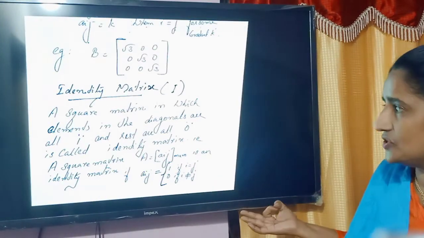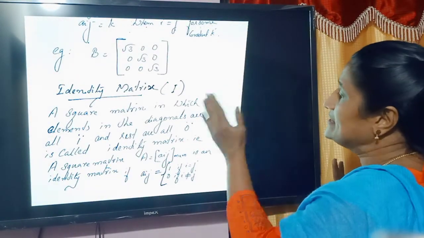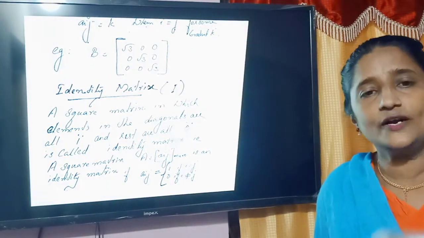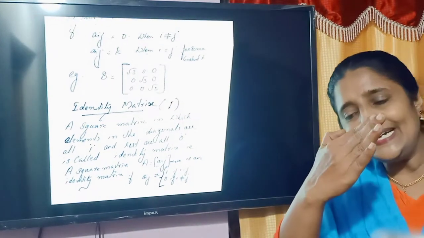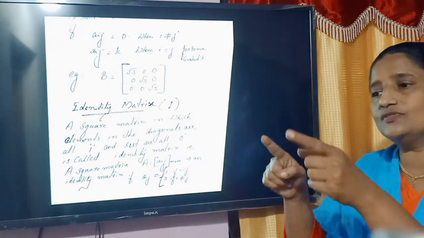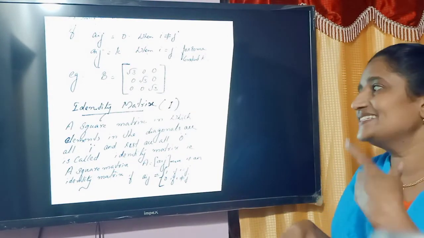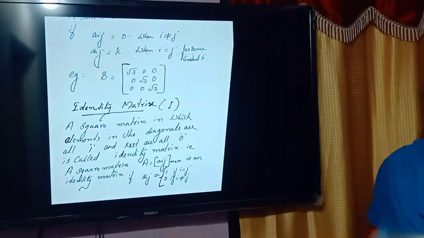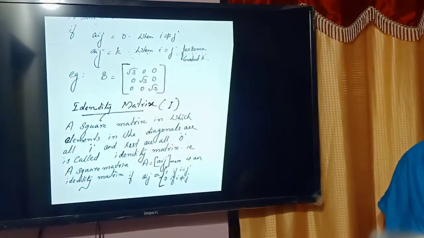It means all the diagonal elements are 1 and the rest of the elements are 0. Then we can say that matrix is known as the identity matrix. Write the definition.